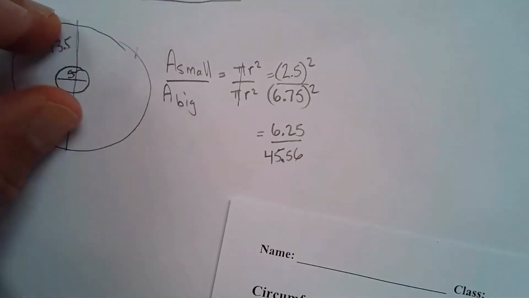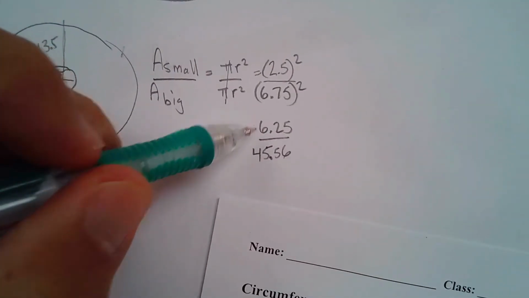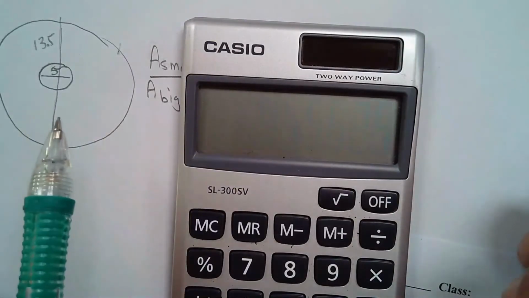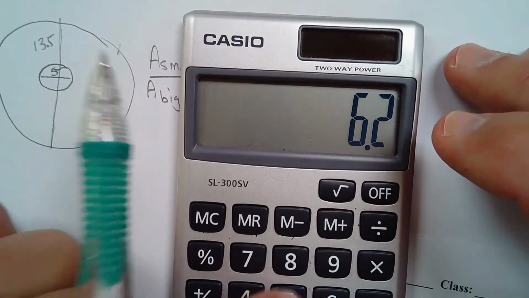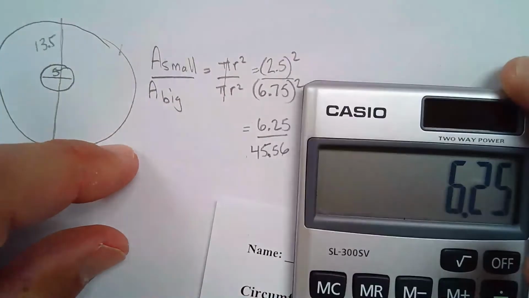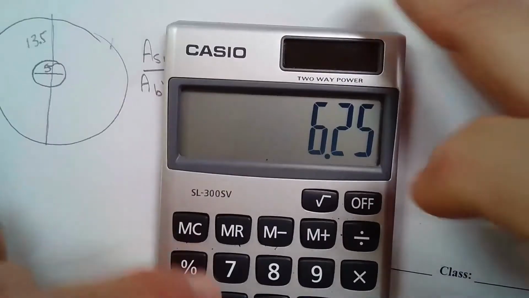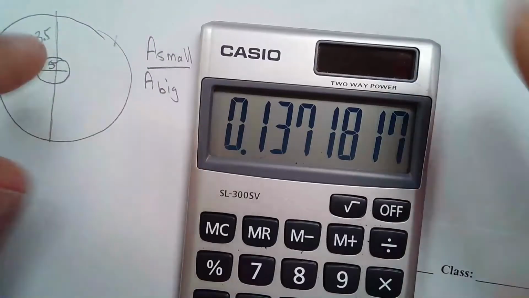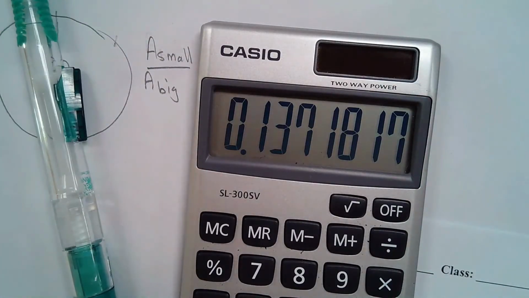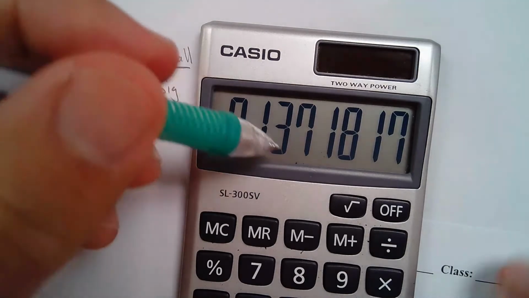And now we have to take this number divided by that number. So 6.25 divided by 45.56 is, excuse me, I might feel another sneeze coming. That is 0.137.